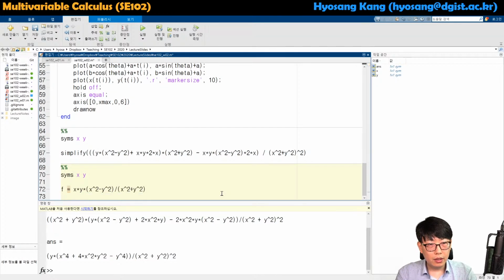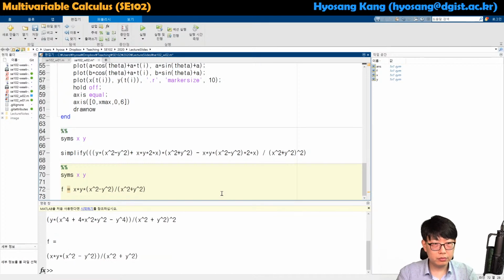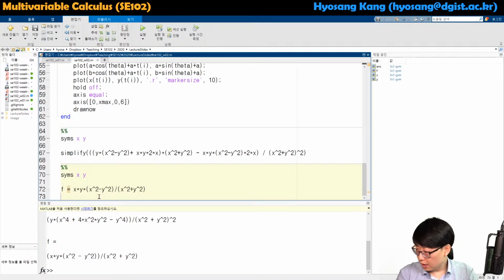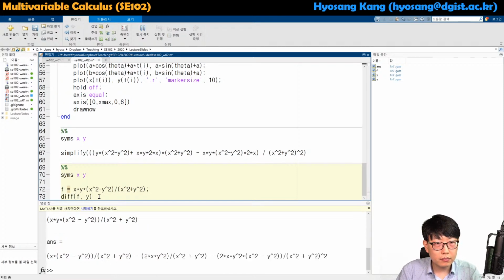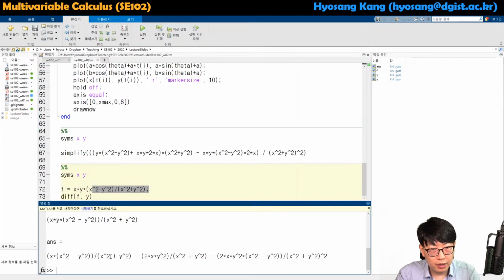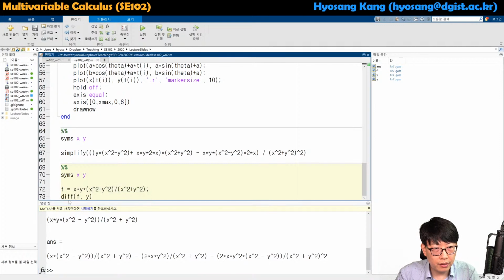First of all I define f to be this formula, and let's try to take a derivative in terms of y. diff of f, y, with a comma here. So this is the partial derivative of this function f in terms of y. It's very long, so I want to simplify it. So I put simplify around here.